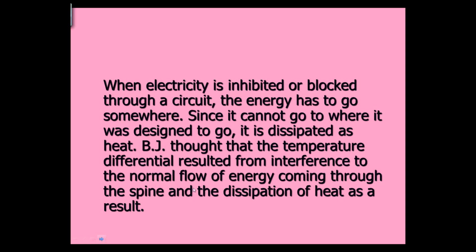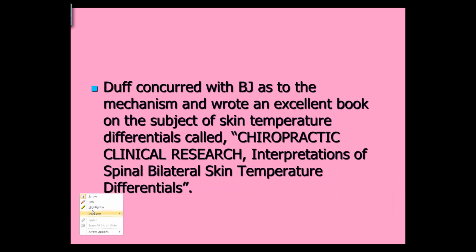So what he said was when electricity is inhibited or blocked through a circuit, the energy has to go somewhere. And since it cannot go where it's designed to go, it dissipates as heat. So B.J. thought the temperature differentials resulted from this interference to the normal flow of energy coming through the spine, and it dissipated as heat as a result.